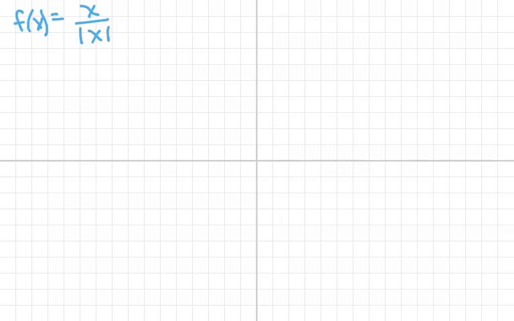So the values are 1 and negative 1. I'm going to write an open circle here because it can't equal 0. And that goes that way, and this one goes this way. This is 0.